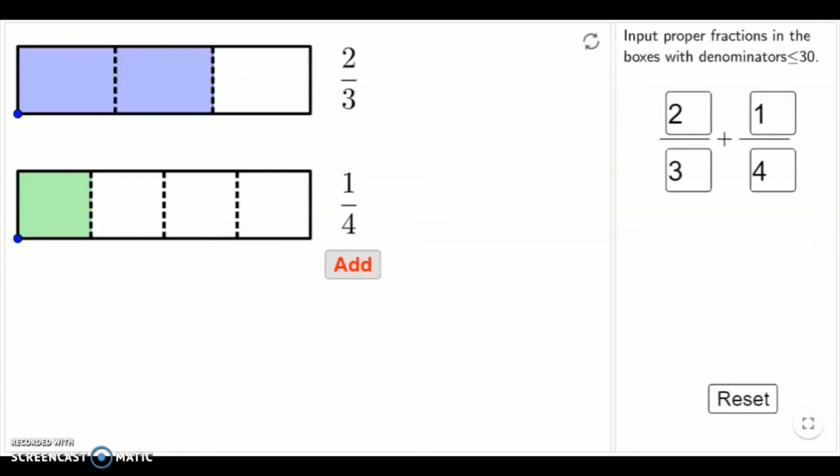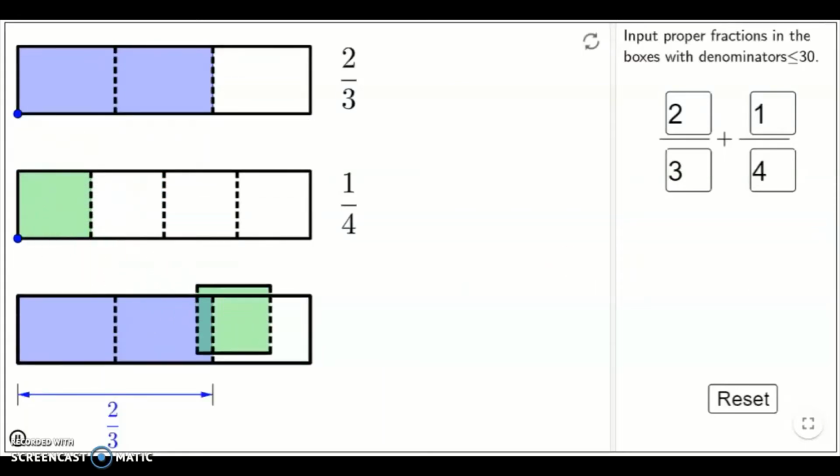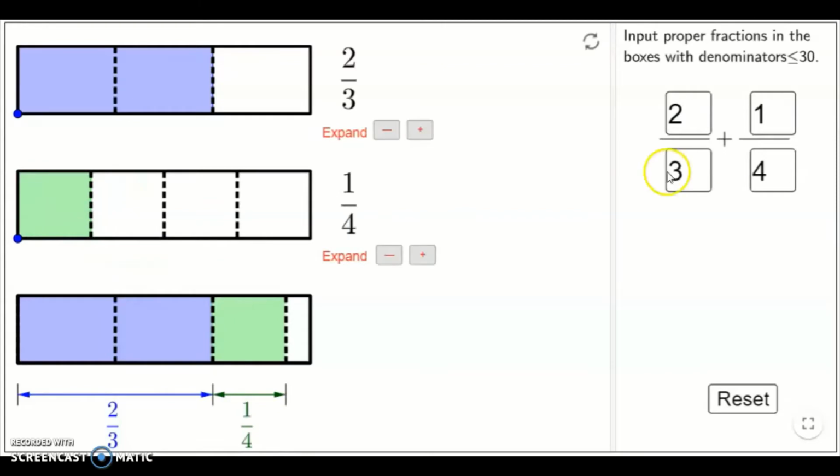So let's try adding 2/3 and 1/4. Since they have different numbers on the bottom, we need to split these into further pieces until we can get the same number on the denominator, the bottom.